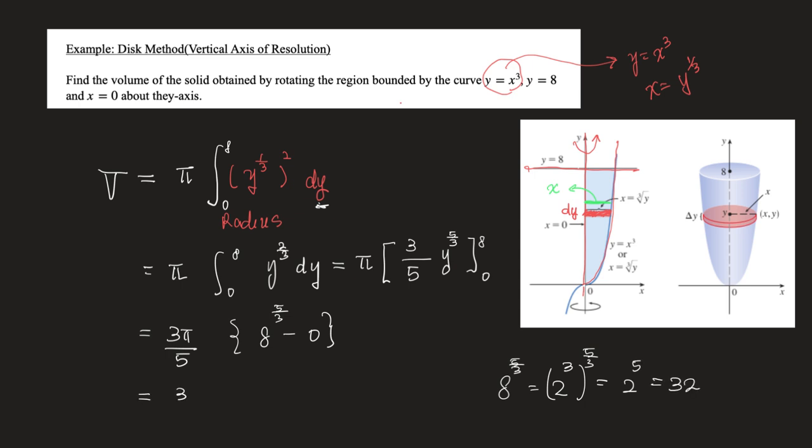So you have 3 pi over 5 times 32. That's going to be 32 times 3, so 96 pi over 5. Everyone understand that? That's the key part of the disk method.